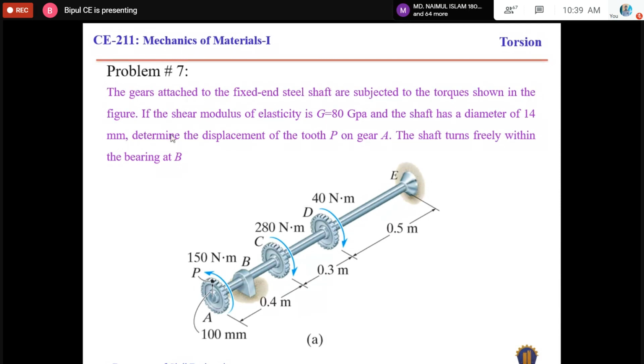So we have to determine the displacement of the tooth P on gear A.